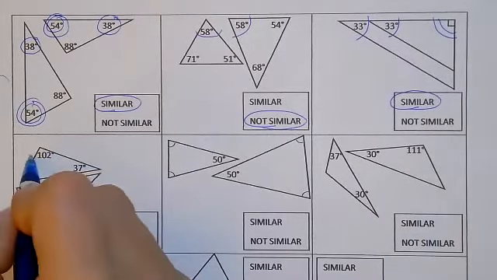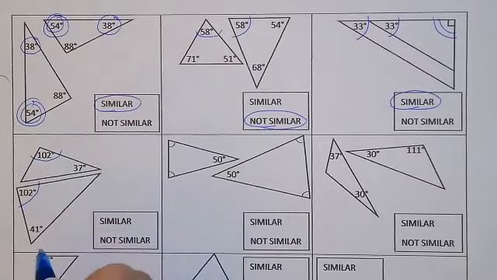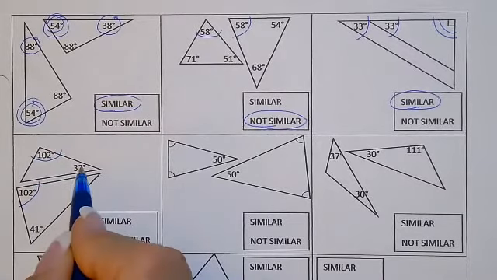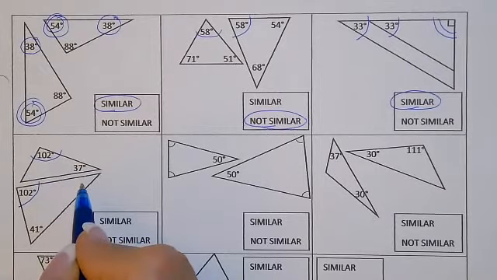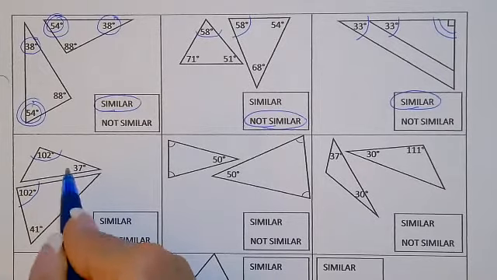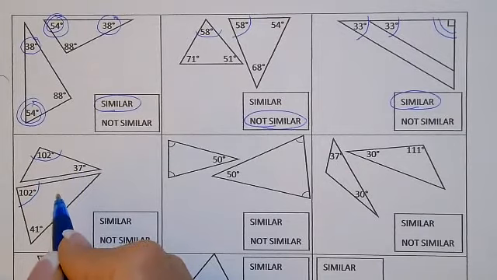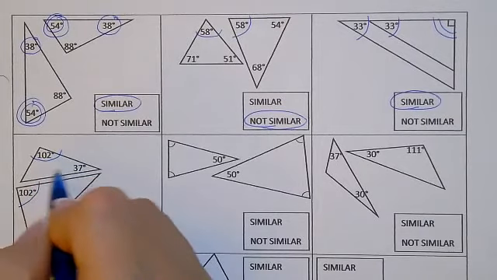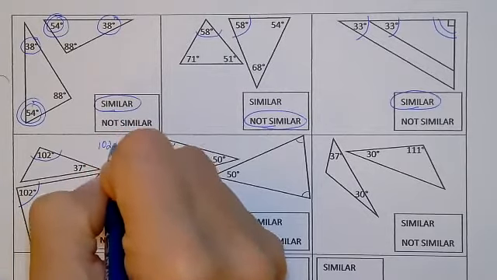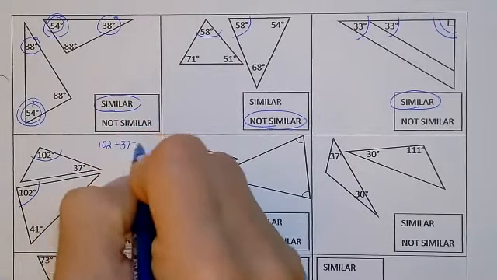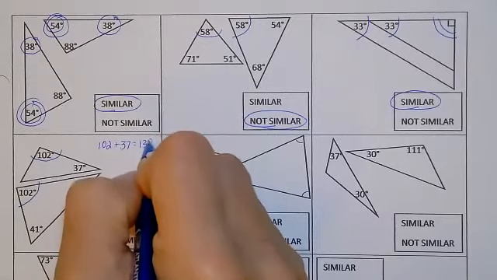All right, we have 102 degrees, 102 degrees, 37 and 41, but we're missing some angles. So we need to find those angle measures to figure out if these are similar or not. So I'm going to use the angle sum theorem. I know that 102 plus 37 equals 139.